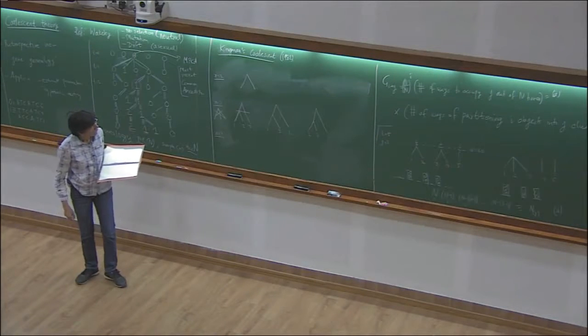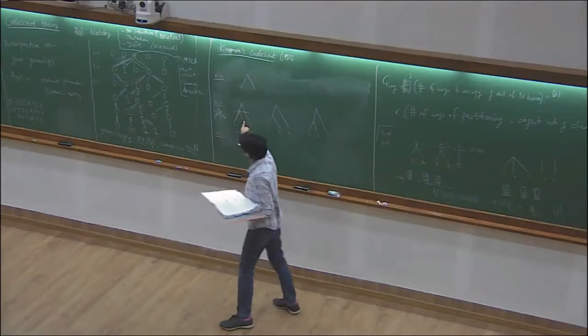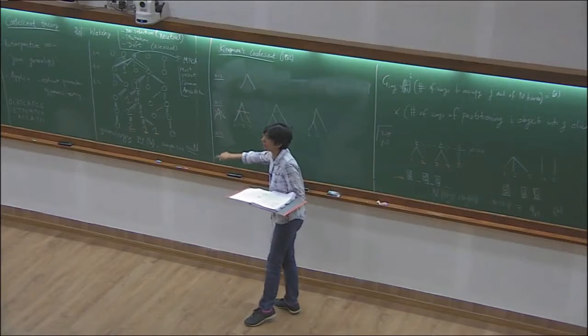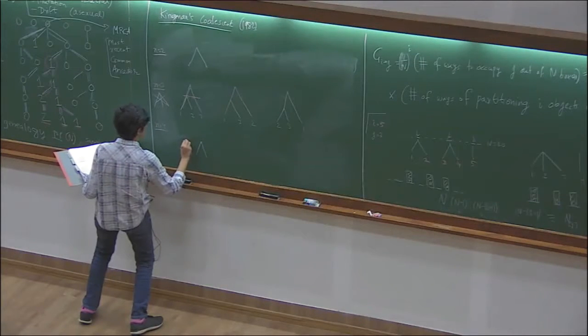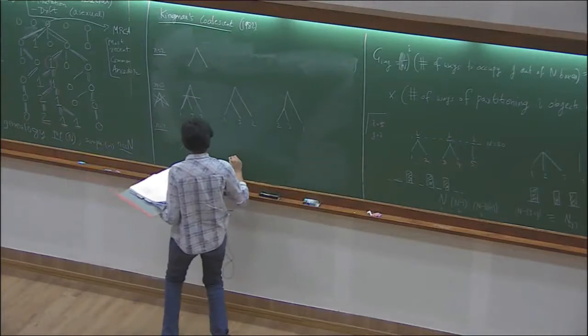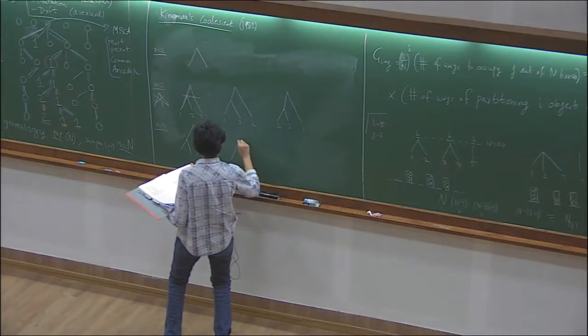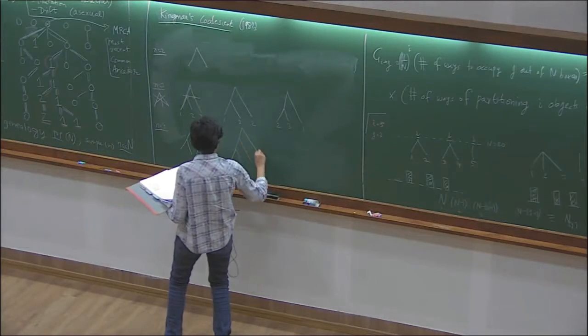Is this okay? Okay, n equal to 4. You could have something like this, but then you have to put these numbers. 1 and 2 merged first, and then 3 or 4 later, or 1 and 2 merged, then the third one, then the fourth one.